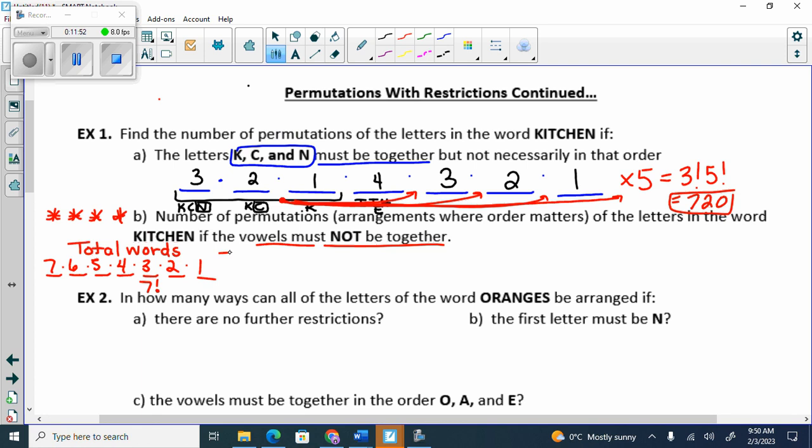It's way easier to find vowels together because I can do it exactly the same way I kept K, C, N together. Exact same way, right? So if I take total number of words in kitchen, which is 5,040, and now I subtract off vowels together, what's left over will be the vowels not together, please.